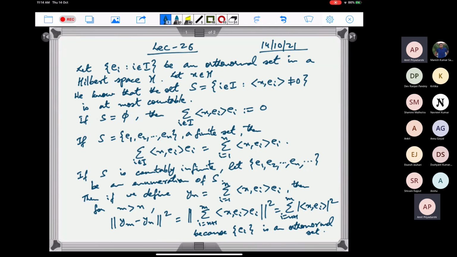If S is empty, then we write this, and if S is equal to 1 to N, then we write like this.